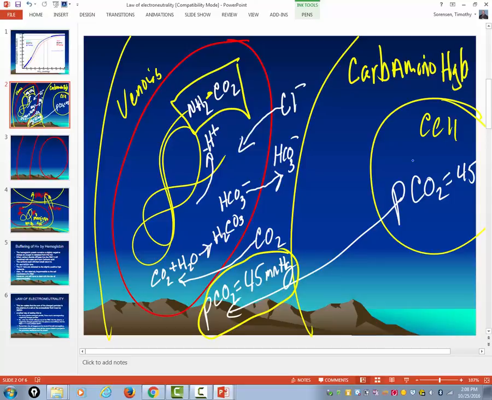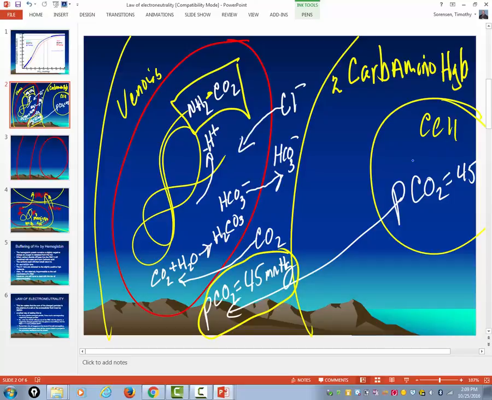So the second way in which carbon dioxide is transported in the blood is bound to the amino group on hemoglobin. That's number two.